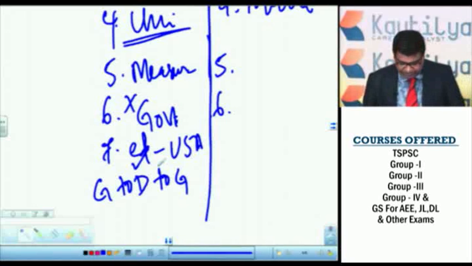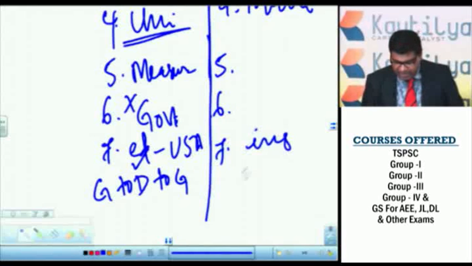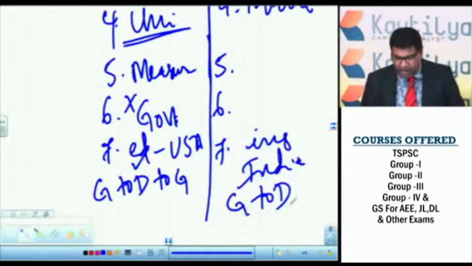And here, under the seventh one, economic development is related to developing countries like India. Countries like India are moving from growth to development, not development to growth. They are in the age of development.